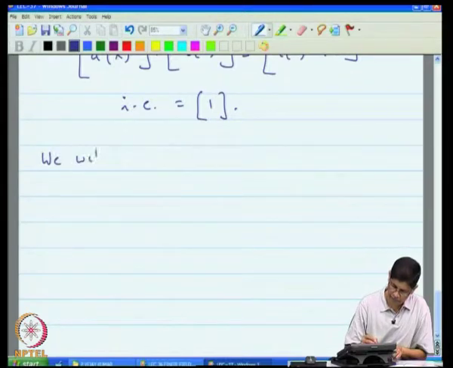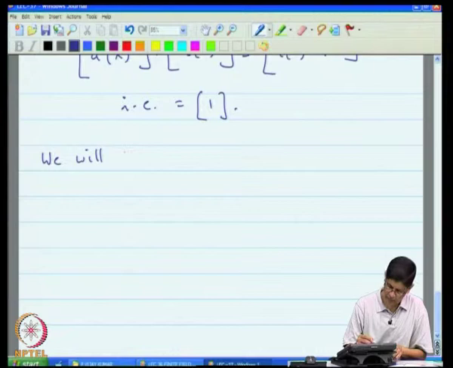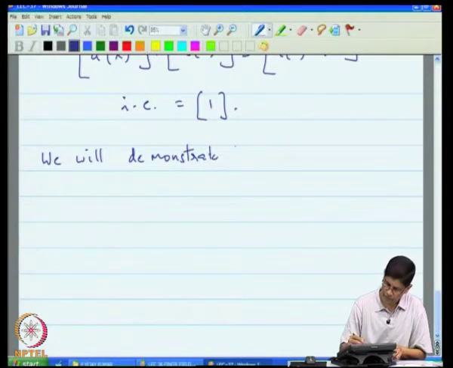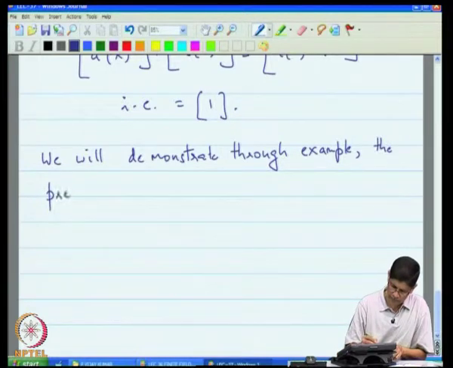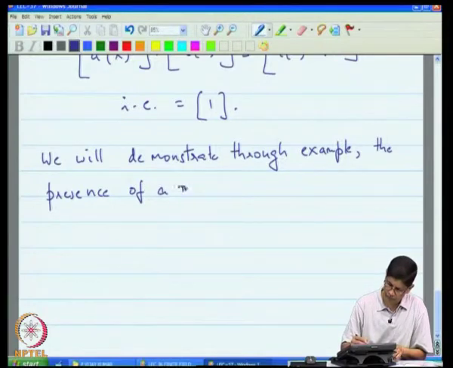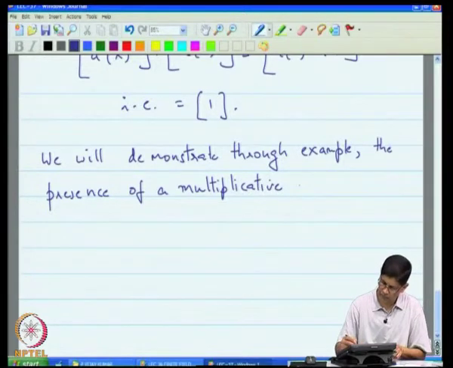We will demonstrate through an example the presence of a multiplicative inverse.